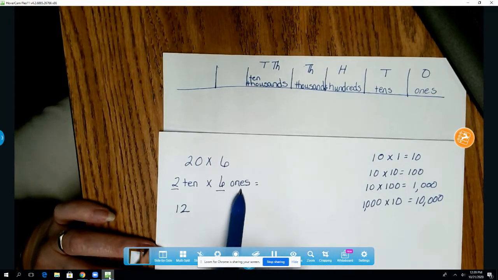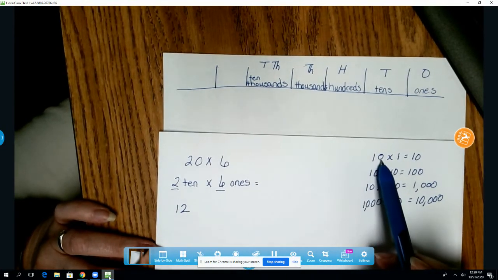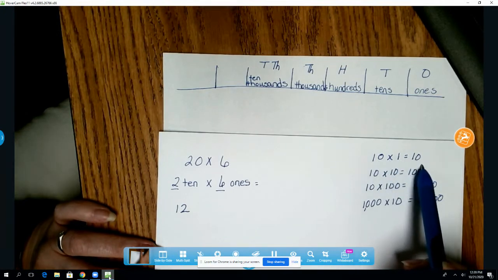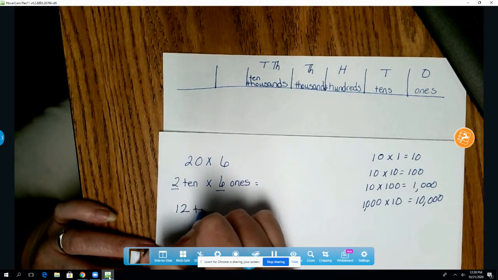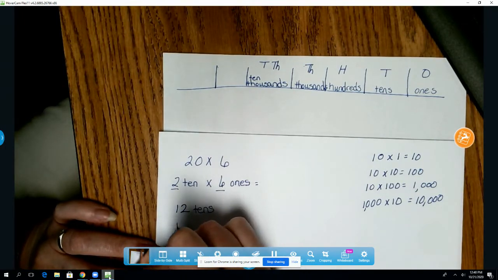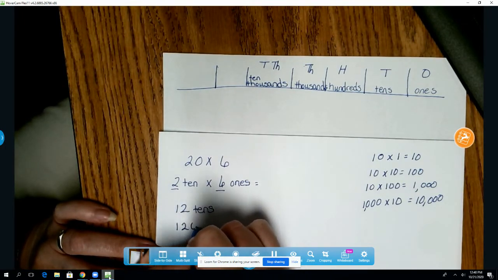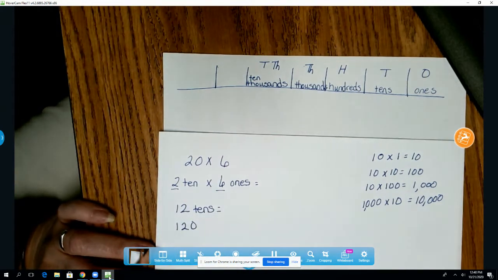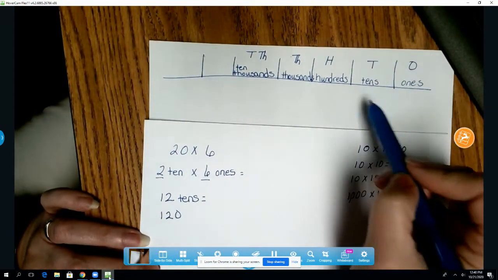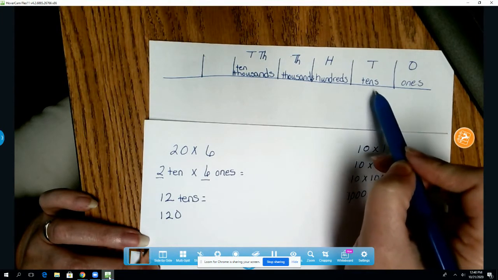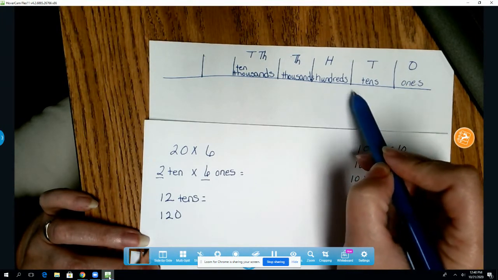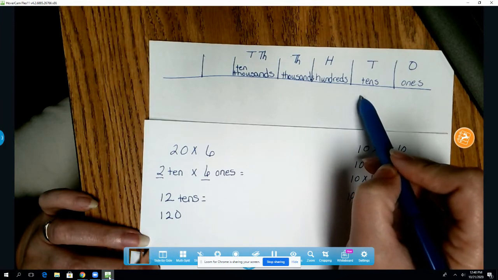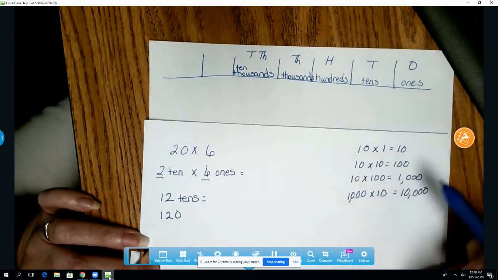And I had ones multiplied by tens, so there's 1 zero. So it's going to be 12 tens. And 12 tens is 120, because remember, I can't put 12 here. So it has to be a 1 in the hundreds place and a 2 here, and then a 0 to hold my spot.